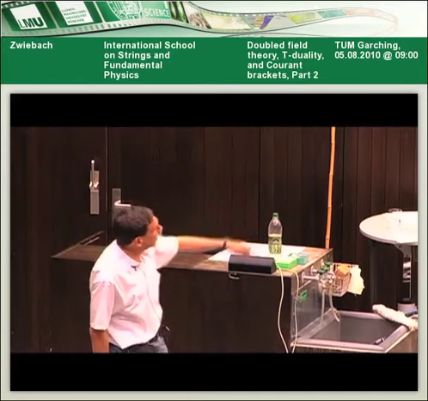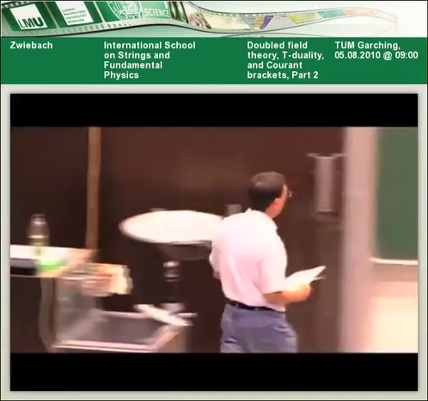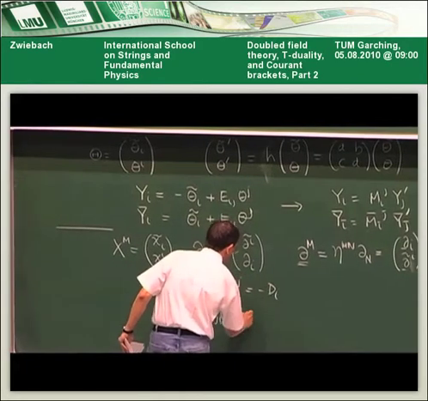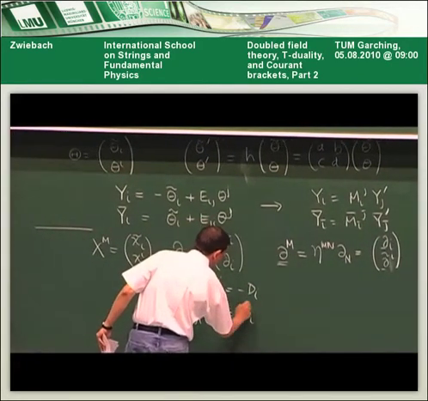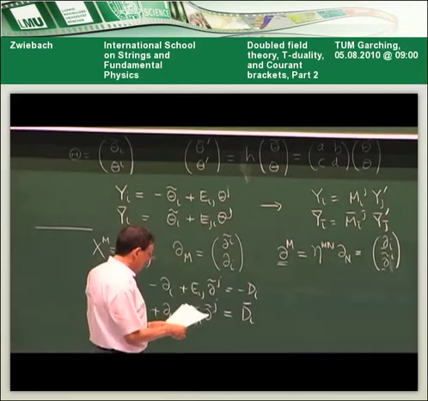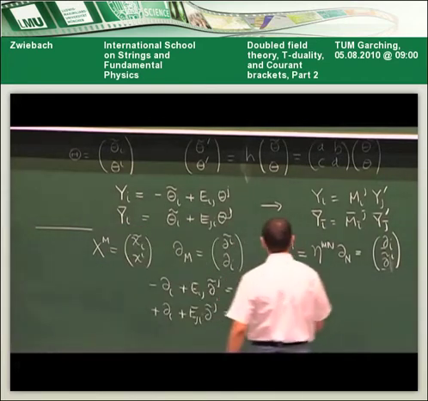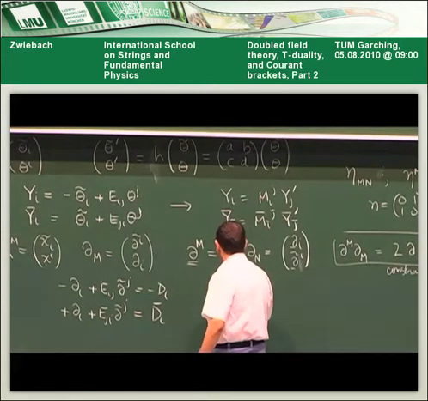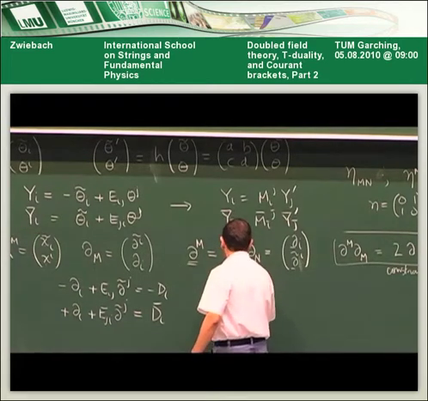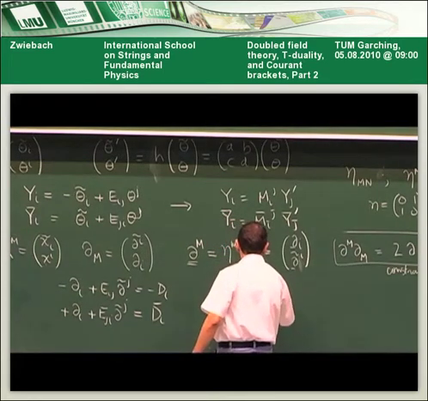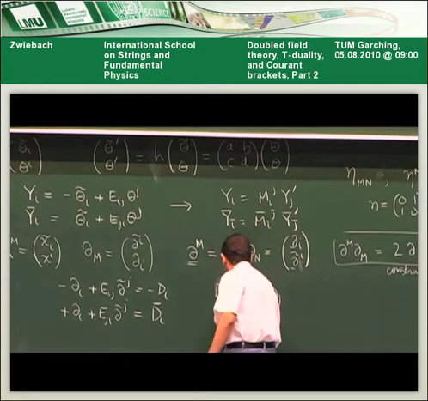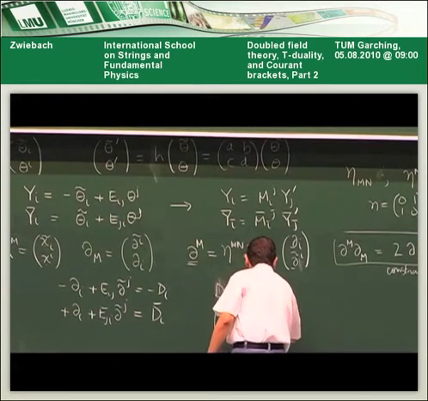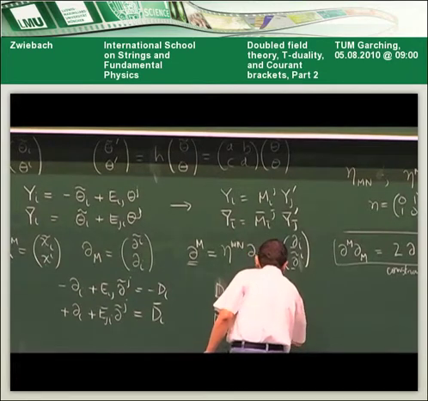The first one is minus di, and the other one is di bar, and therefore they transform nicely with the matrix M in the sense that di is mij dj, and d bar i is equal to m bar ij d bar j.